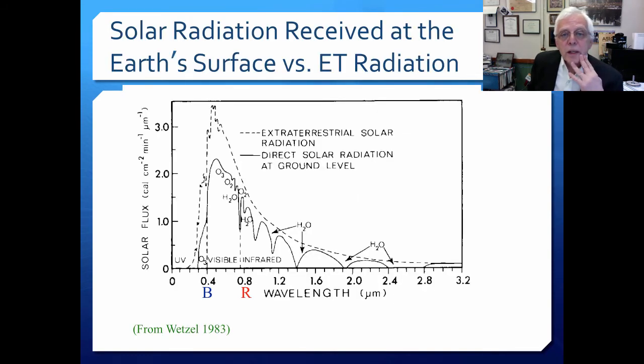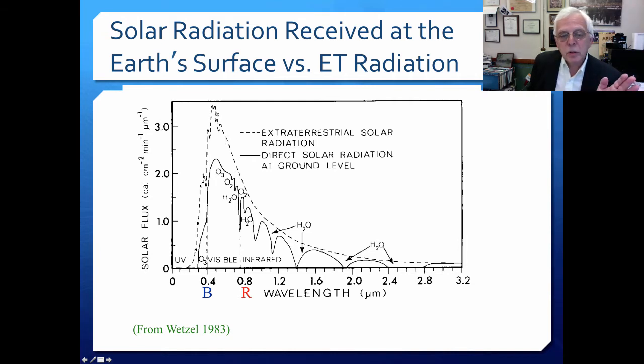Now, solar radiation received at the Earth's surface is different from the solar radiation received by the extraterrestrial atmosphere, meaning outside the Earth, not where extraterrestrials live, obviously. This dashed line shows the frequency distribution of solar flux at the extraterrestrial level.